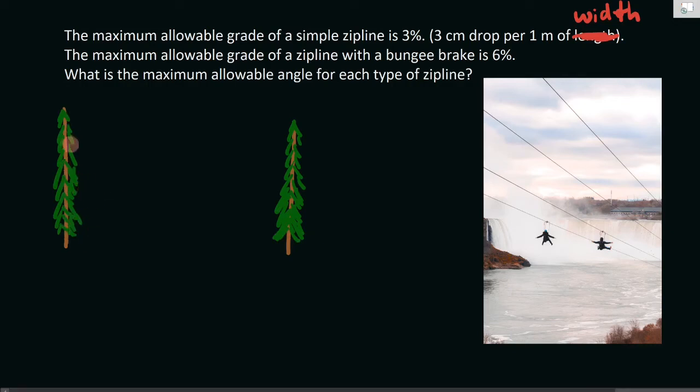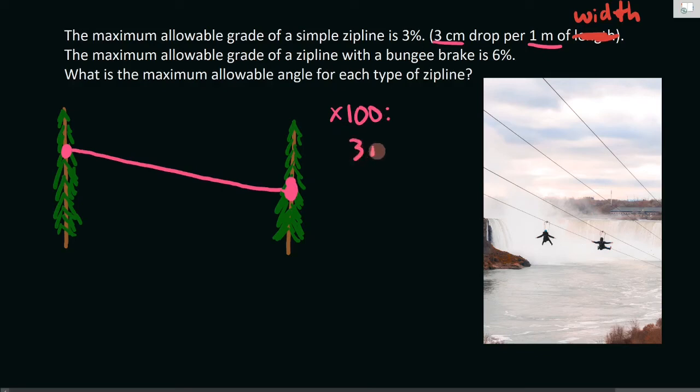Okay, so here's the zip line. Here's my attachment point here. Here's my attachment point here, because it's going to be lower. Okay, there's my attachment point. Let's just make it bigger so it matches up. Now, it drops 3 centimeters per 1 meter. So in other words, let's just multiply that by 100 to make it into meters.